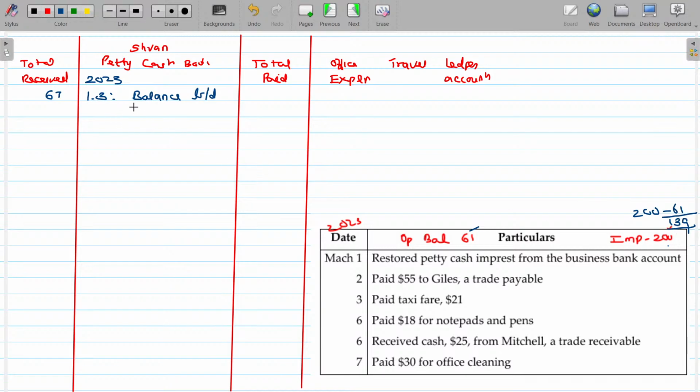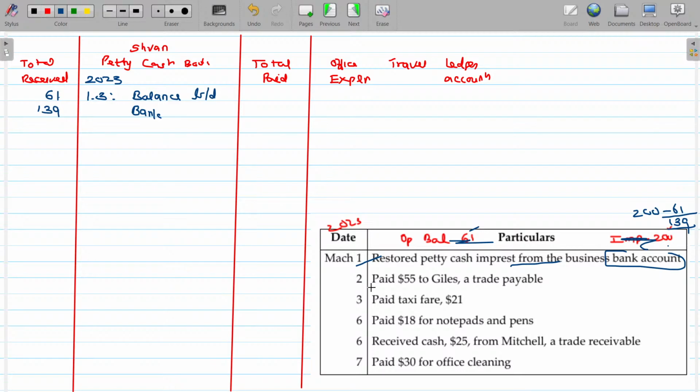So on the same date you are collecting, stating that sir, there is a shortage, give me this money. 61 is the beginning value and shortage being 139, you are getting it from the main cashier. Now you will have that imprest amount, 200 rupees. On March 1, restored petty cash imprest from the business bank account. Of course we restored from the bank account only, we posted already.